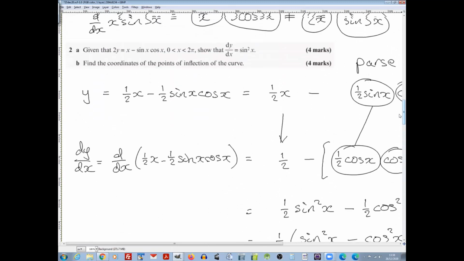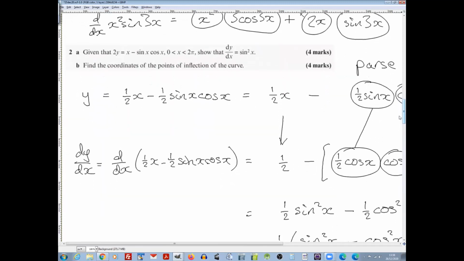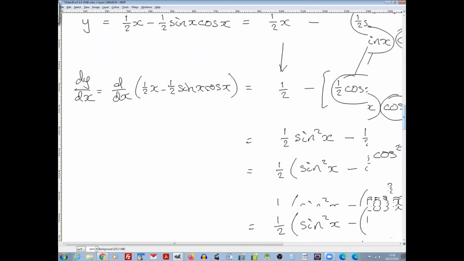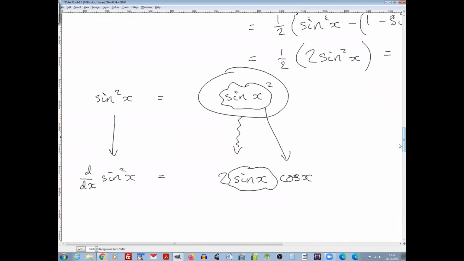Right. So what were we doing? Finding the coordinates of the points of inflection of the curve. And what have we just found? We've just found that 2 sine x cos x is going to be set to 0. Yes, because it's the second derivative.